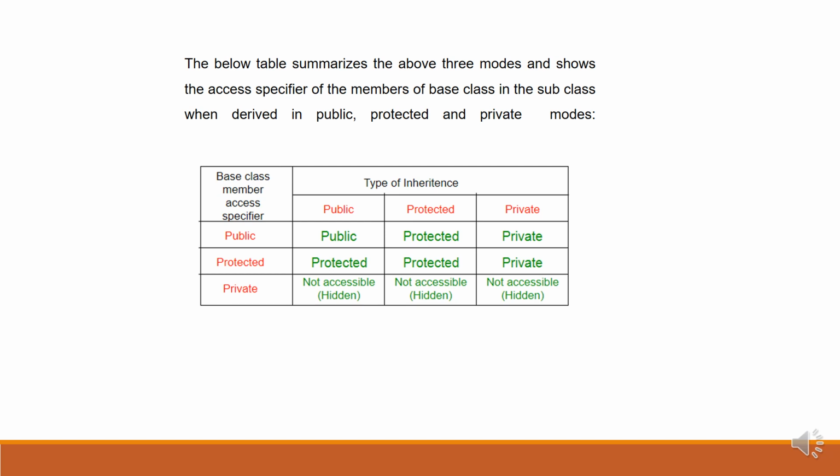When the mode of inheritance is protected, both public and protected base class members become protected. And for private mode of inheritance, both public and protected become private. In all the three modes, the private base class members are hidden or not accessible in the derived class.